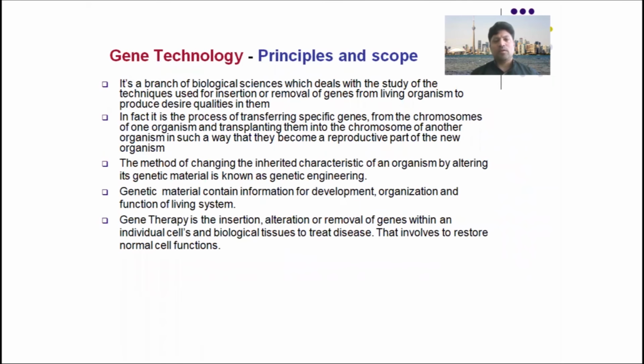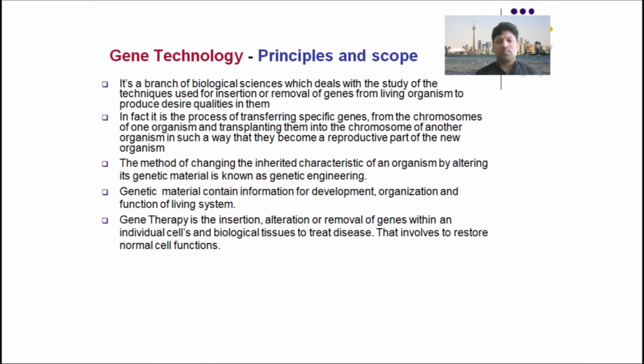Before moving forward, I would like to discuss a little bit about the fundamental things, the basics: gene technology, principle, and scope. It is the branch of biological sciences which deals with the study and techniques used for insertion or removal of the gene from a living organism to produce the desired quality or the desired quantity of the proteins within the body.